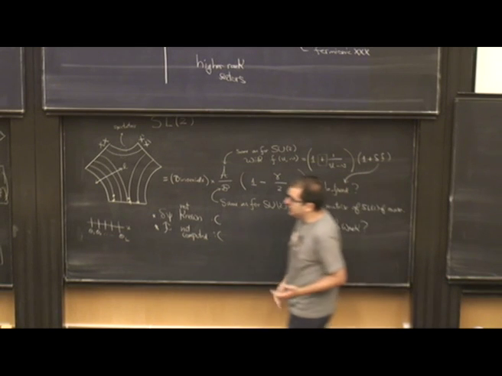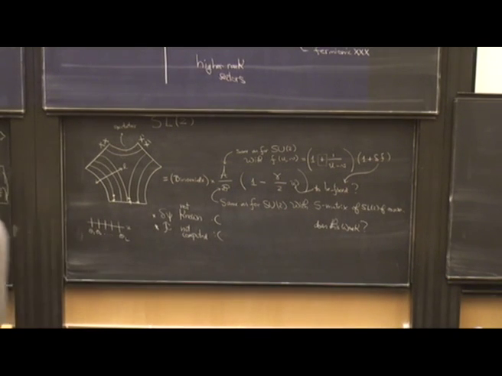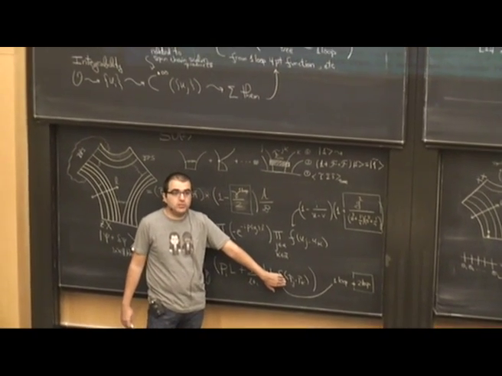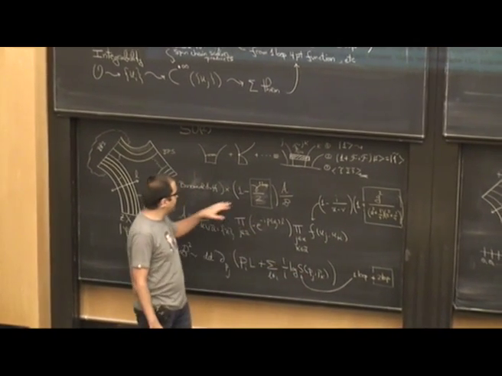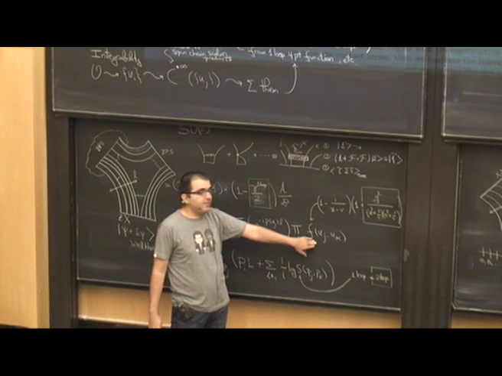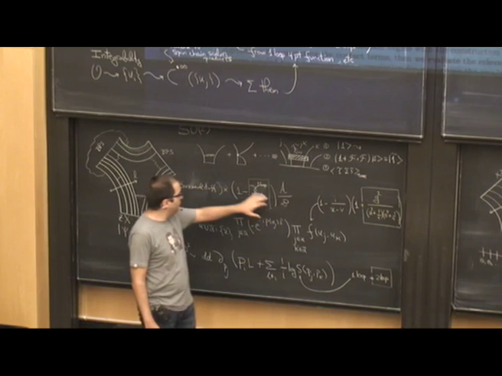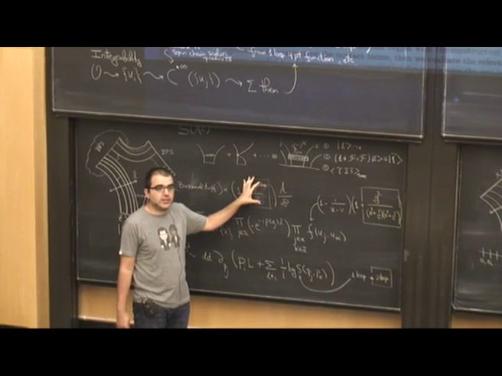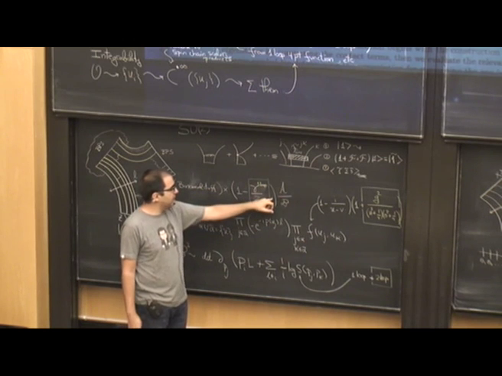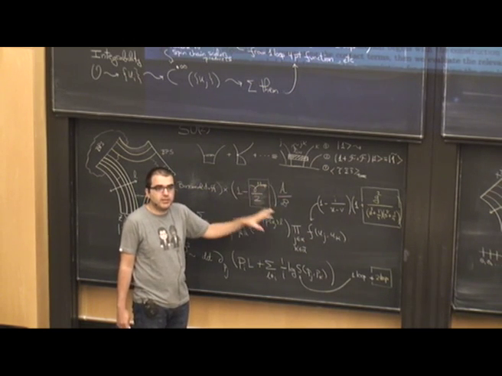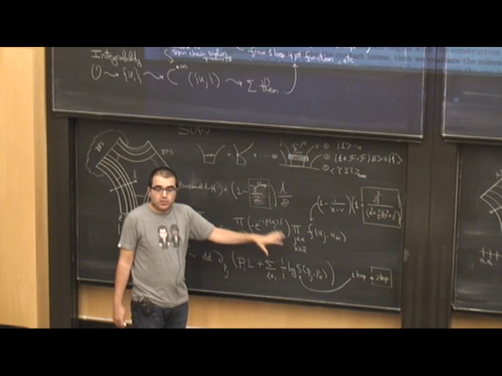The hope is that if all you have to do is take this B and put here the all loop S matrix, which is known, and take this A and correct this F and find some all loop expression for this F. And then hopefully this prefactor is simple enough that we can also guess. Hopefully this is the easy part. Here I don't have any guess for what the next term is, but this looks much simpler than everything else. So this is the hope.